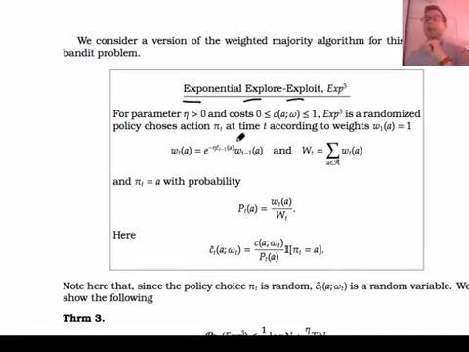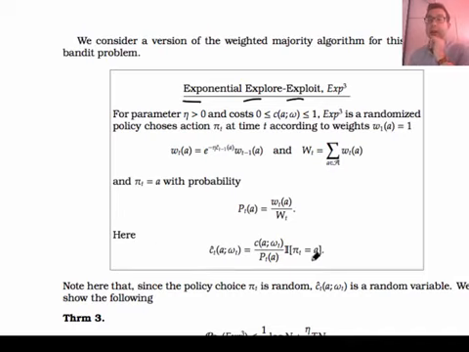We can replace it with what we think was going to happen if we tried that arm. And again, capital W t is the sum of all the weights. And again, we choose an arm or action a with a probability proportional to the weights.